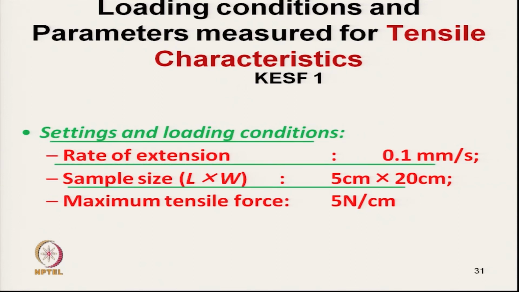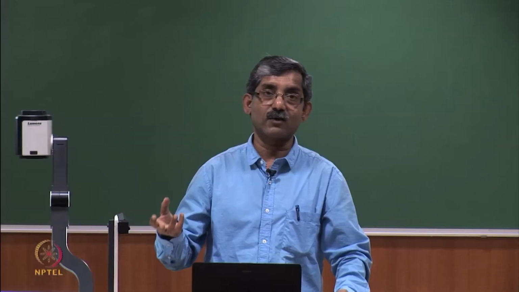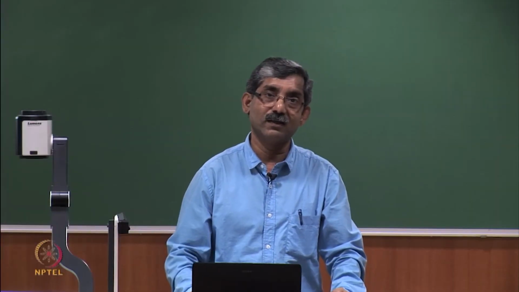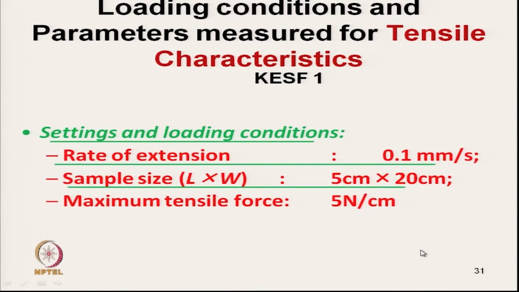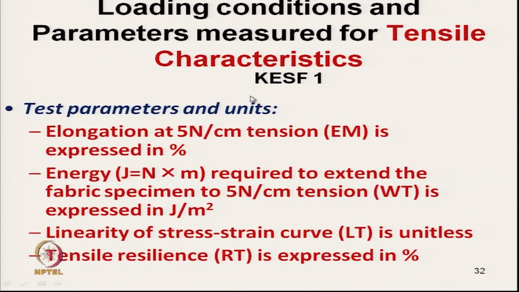The drum will start rotating in the other direction once it reaches 5 Newton per centimeter force. The parameters measured for tensile characteristics in KES-F1 are, first, elongation at 5 Newton per centimeter tension, which is EM, expressed in percentage.